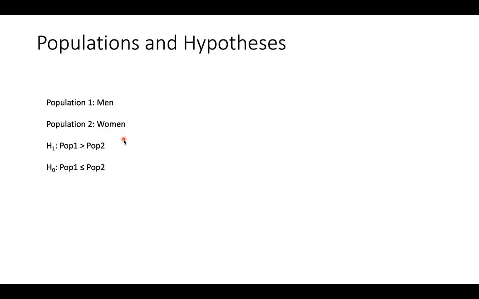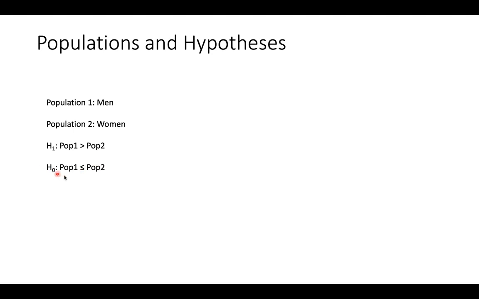So our alternative or research hypothesis is that population 1, men, will have greater resting heart rate than population 2, women. Now, defining the null hypothesis is simple, but maybe a little more confusing, because the null hypothesis is basically everything else, right? So if the alternative is that men are greater than women, then the null is that men are less than or equal to women.